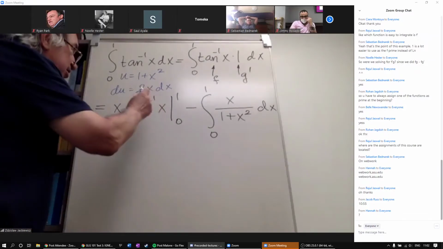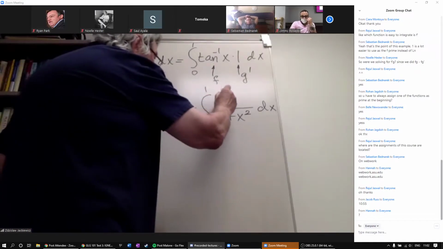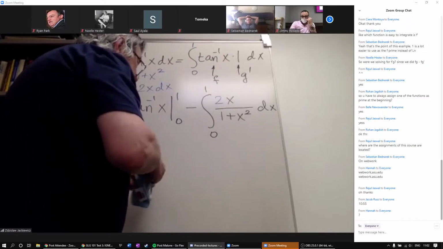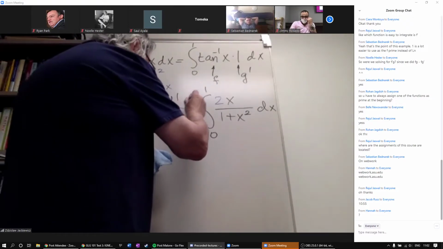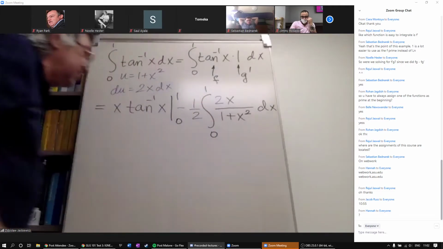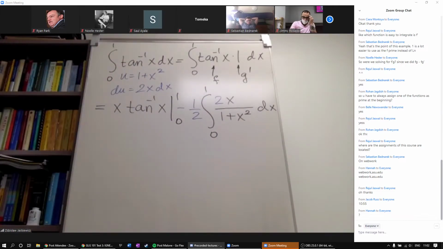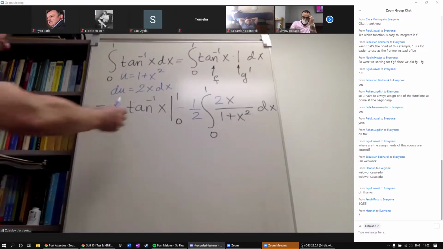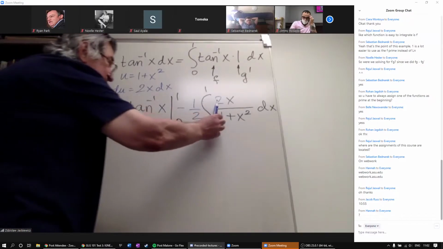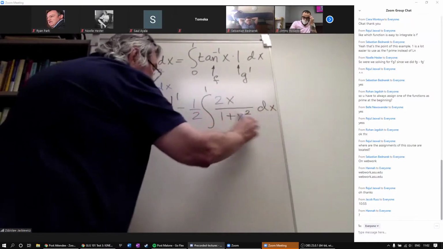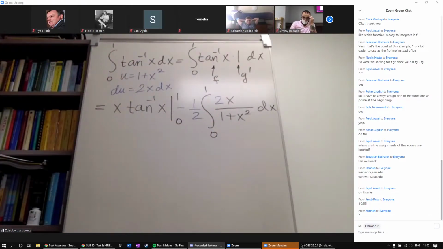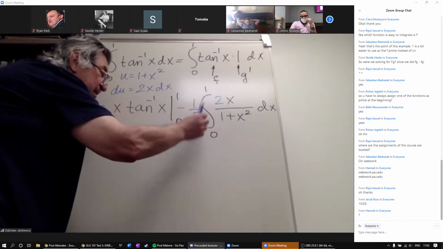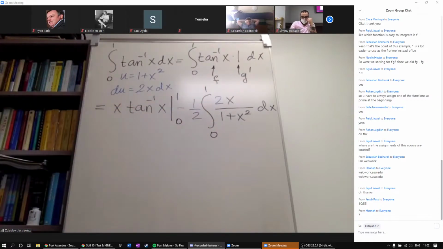So I need 2, I put here the 2, and in order not to change anything, I divide by 2. Because I have 2x dx, that will be du. I just multiply by 2 and divide by 2, no change.